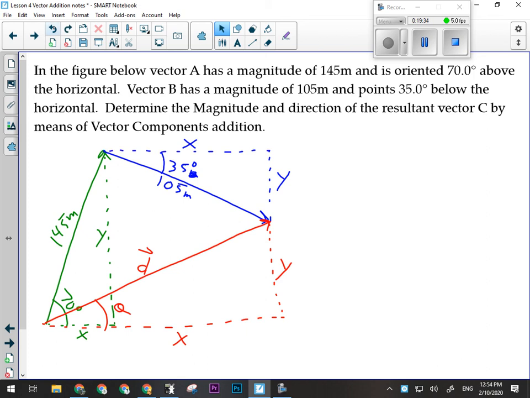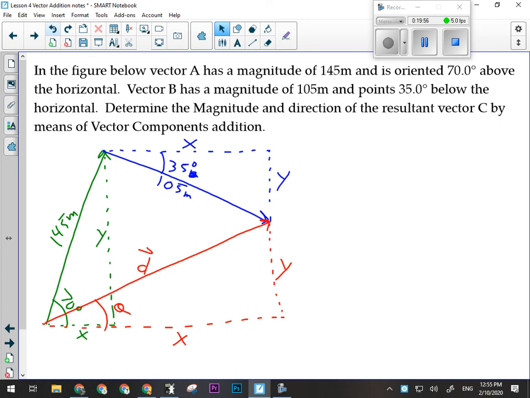Would the same be true for green y and blue y? If I add them together, I have to take into account that this y is negative, and this y here is positive. If I add those two together, I will get red y. Everyone all right with that idea?